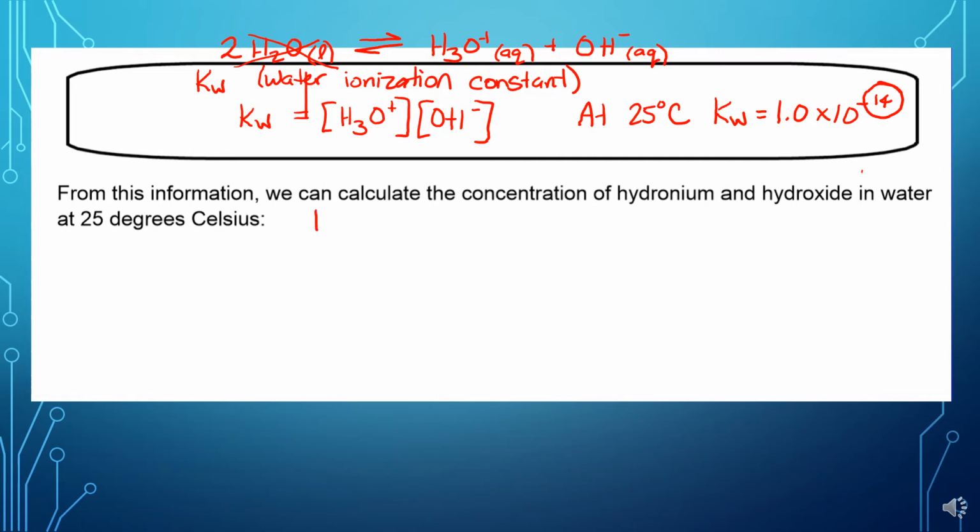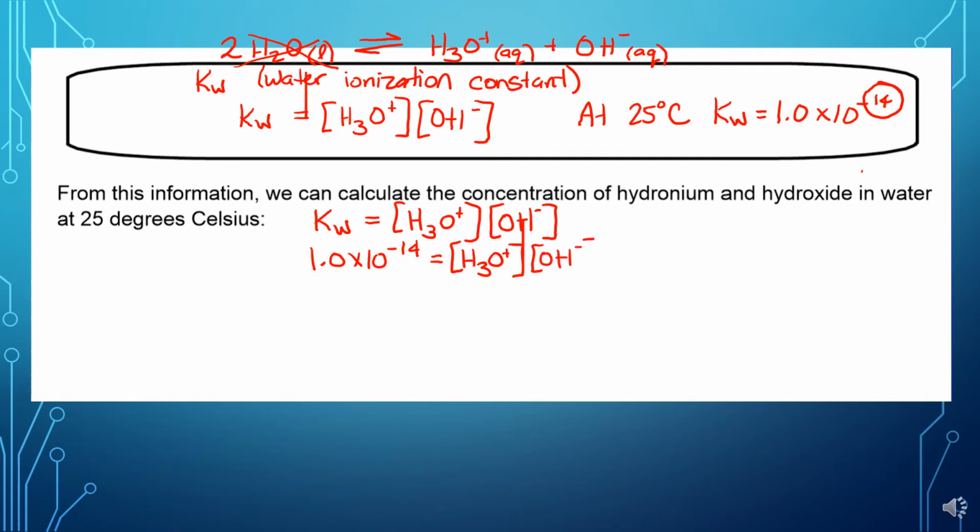We're going to start here by substituting in everything we know. We know Kw is equal to the concentration of hydronium times the concentration of hydroxide. I just told you that at 25 degrees Celsius, Kw is equal to 1.0 times 10 to the negative 14. What you probably know, but maybe weren't thinking about, is that in pure water we've got a balance between hydronium and hydroxide. Because of this ionization, if you create a hydronium ion, you make a hydroxide ion.